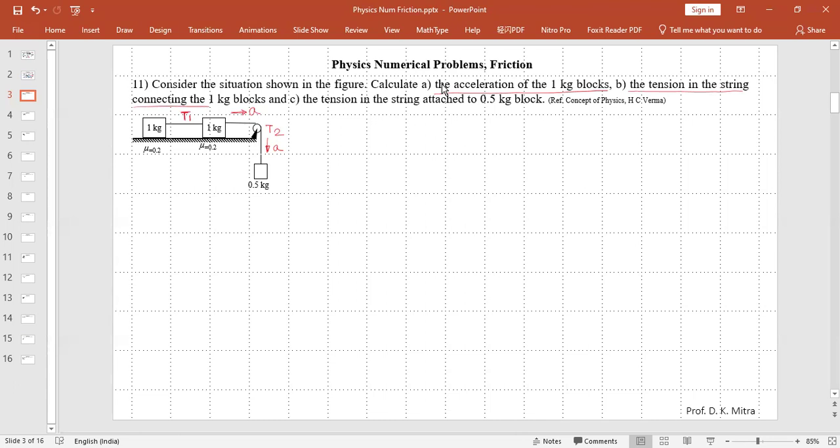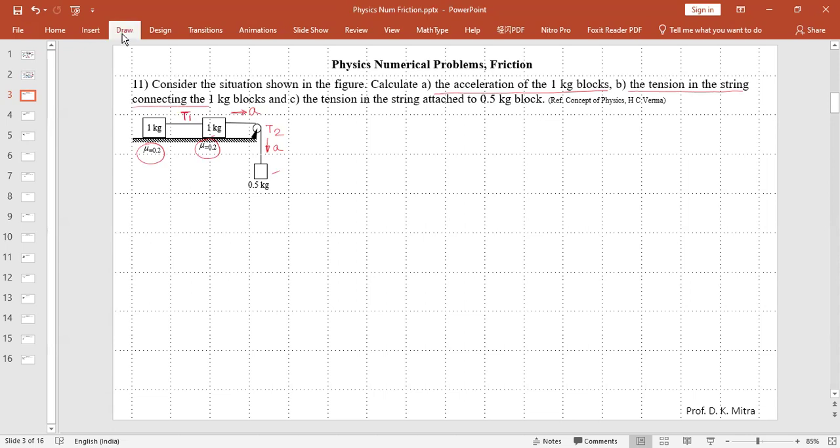Given is mu2 is 0.2. This friction coefficient is also 0.2. This one, of course, does not have any friction, but is simply going downward. And the masses are 1 kg, 1 kg, and 0.5 kg. No problem.